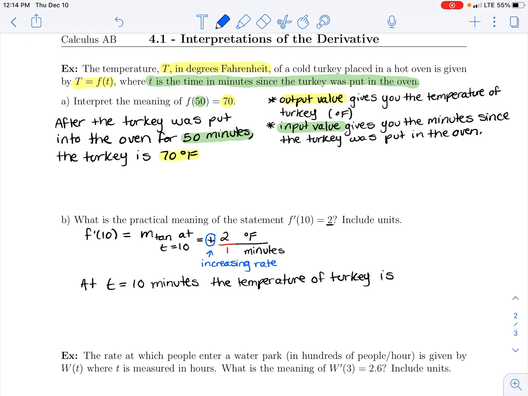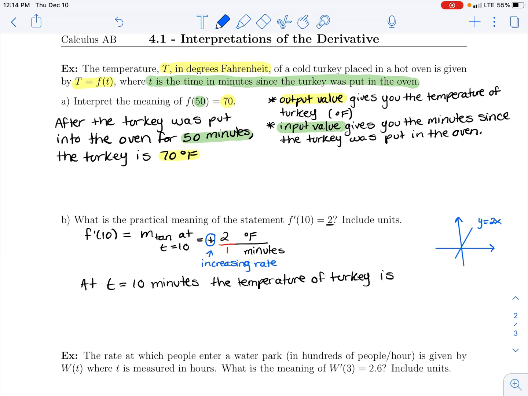Okay, and so you can visually think about this if you think about the slope being 2 of a function. So let's just draw something over here to get more of a visual. So this is y equals 2x, and if you look at this line here, would we say this is increasing or decreasing?